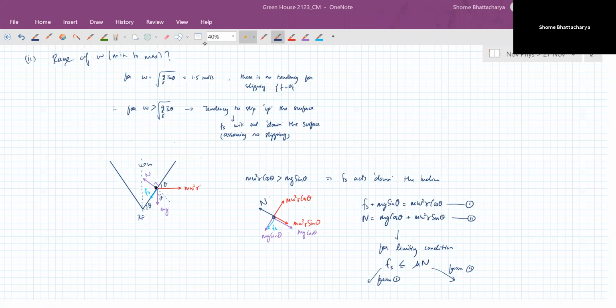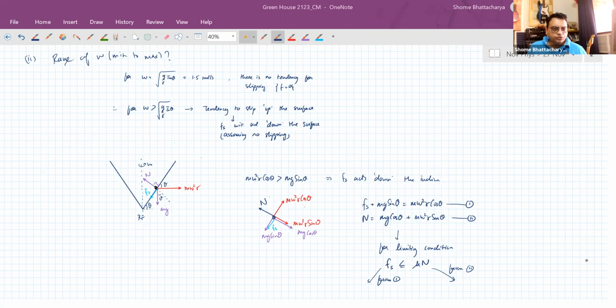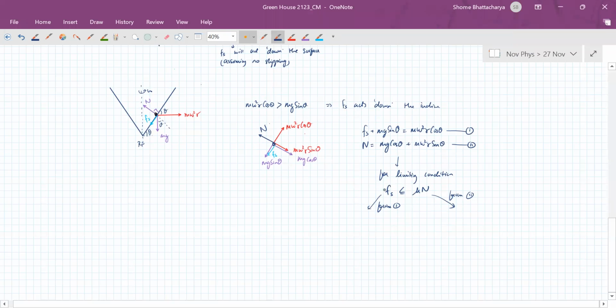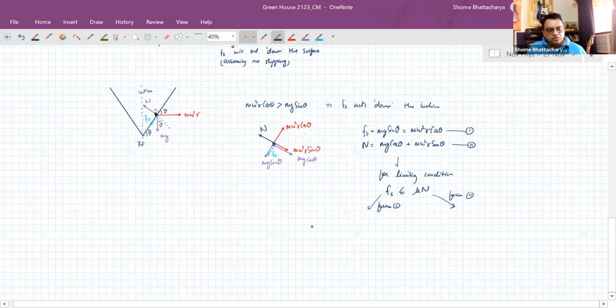Okay, so let's understand the final equation. From the above equation 1, you can see that the required static friction is m omega square r cos theta minus mg sin theta.